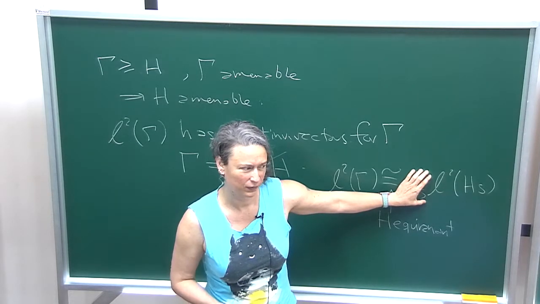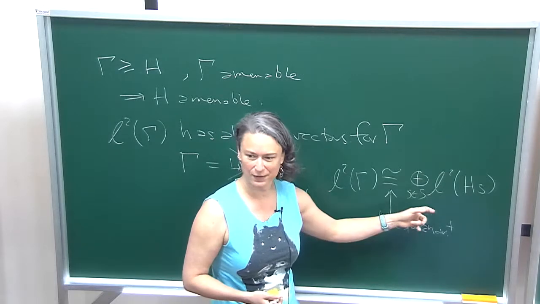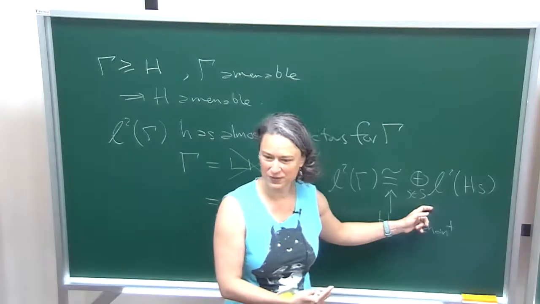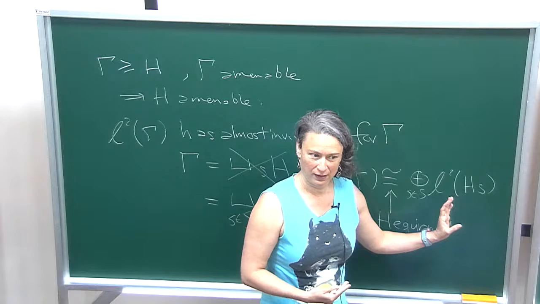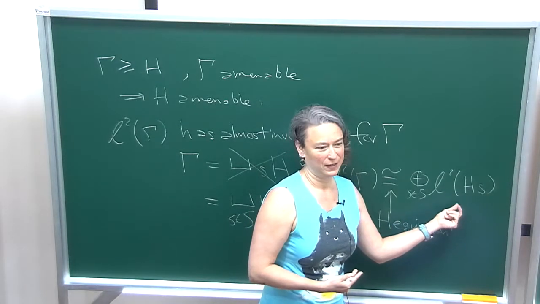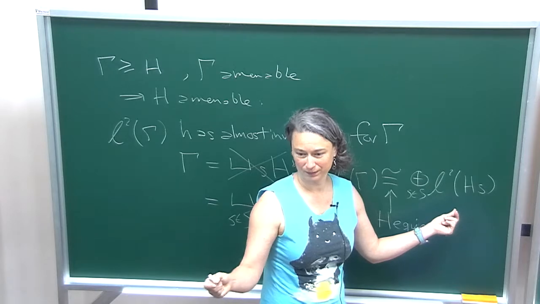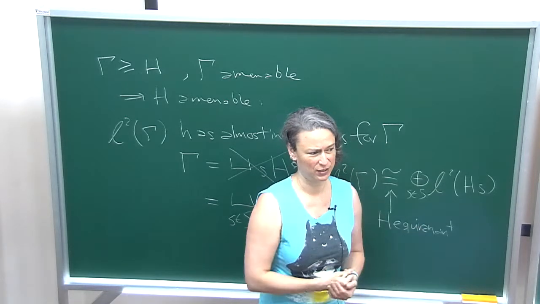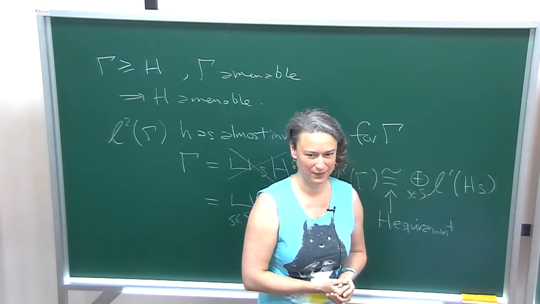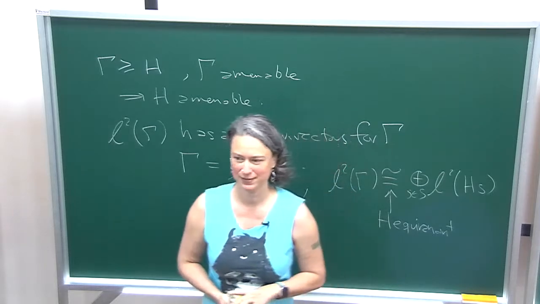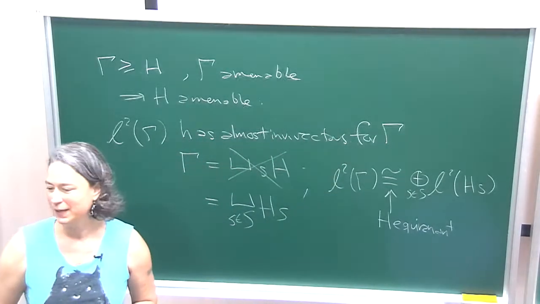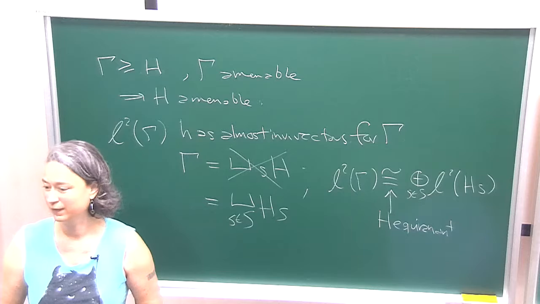Everybody good with this isomorphism? The almost invariant vectors survive, but they could be a little bit from the first component, a little bit from the second component, and so on. So you have to show there's a large projection in one of the components. Questions? What do you mean by large projection? I mean that they don't go to 0.